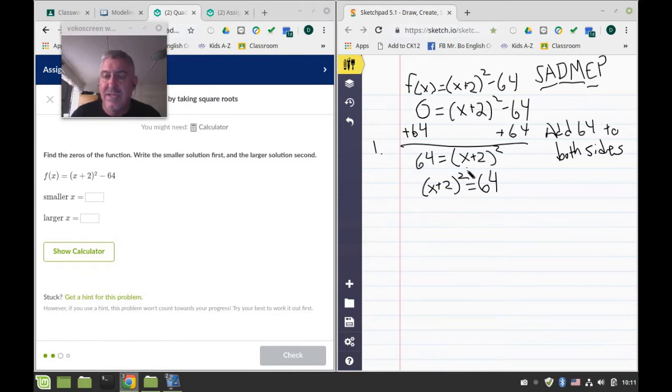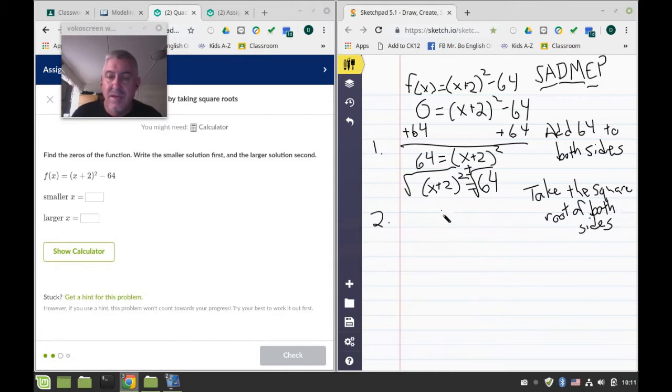to do that. My next one is exponents, so I want to take square root of both sides. So my step number 2 is take the square root of both sides, and I end up with x plus 2 is equal positive square root is 8, or x plus 2, the negative square root is negative 8.